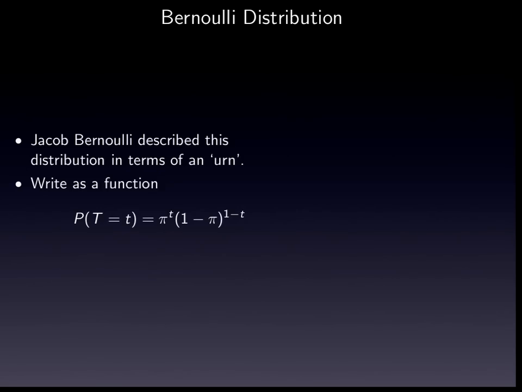So if t is 1, this term is just 1 and the answer is pi. If t is 0, this front term is 1 and the answer is 1 minus pi. It's just a mathematical switch. It looks a little bit ugly, but it's like a mathematical statement. If t equals 1, the probability is equal to pi. If t equals 0, the probability is equal to 1 minus pi.